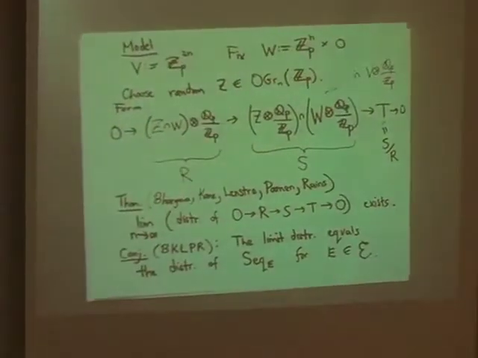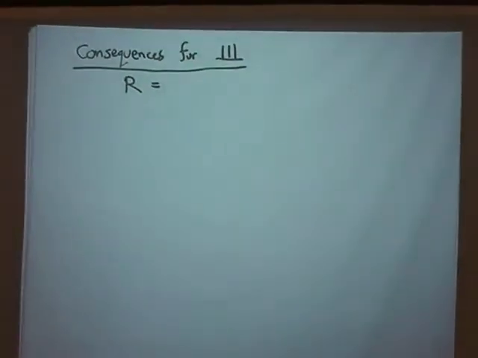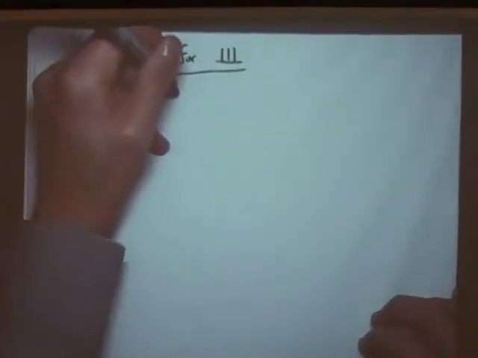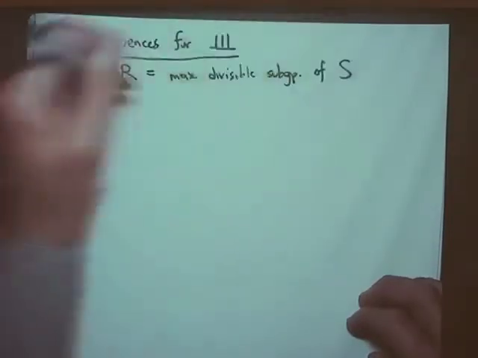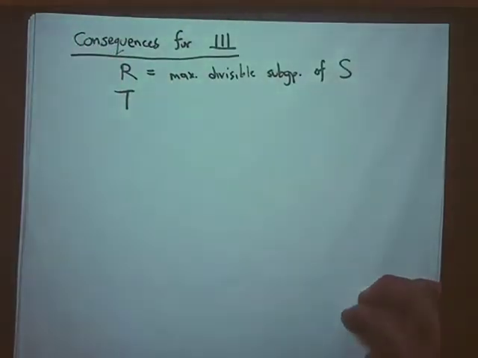One thing you can say, just from group theory, when you make a construction like this, is that S actually contains all the information. It turns out that R is just the maximal divisible subgroup of S, and T always turns out to be finite.